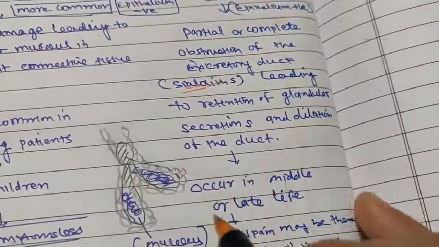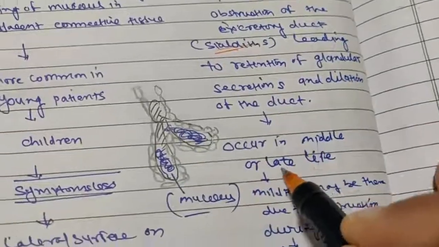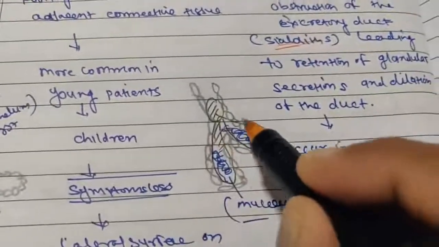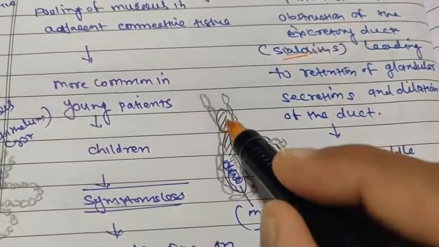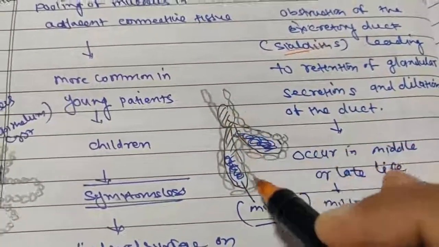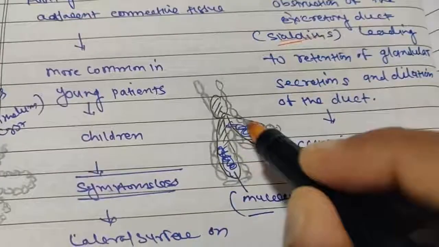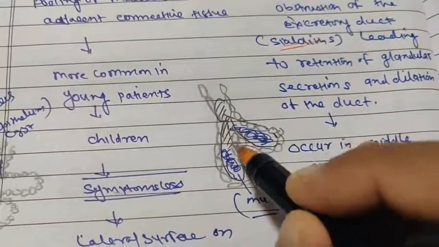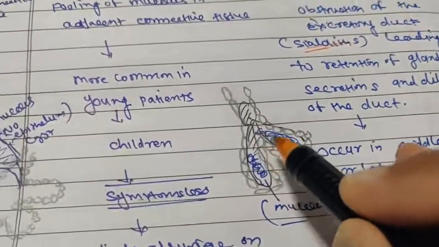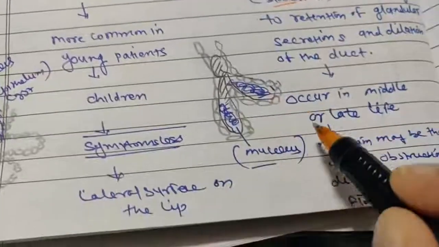It occurs commonly in middle or late life. If you see this picture, there is obstruction due to a plug or calculi or sialolith, so there is pooling of mucus. So there is a true cyst because of obstruction of the excretory duct.